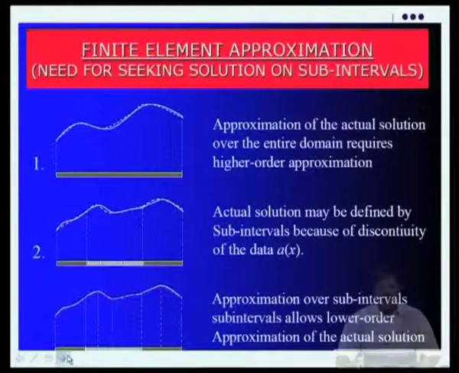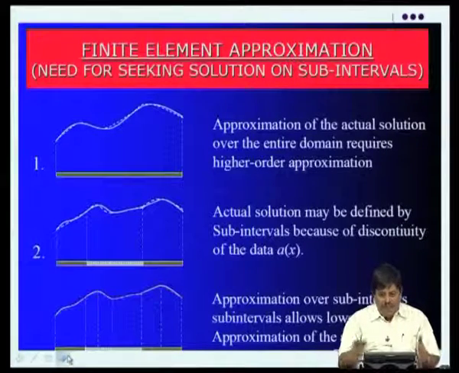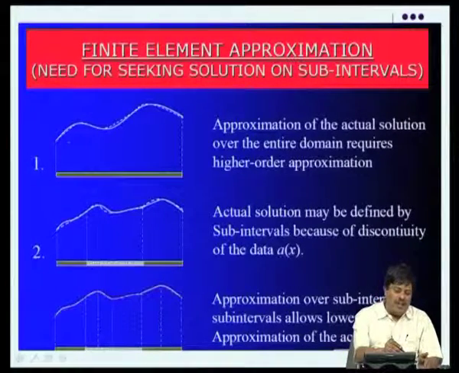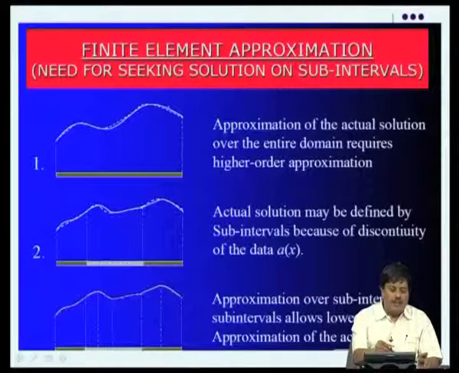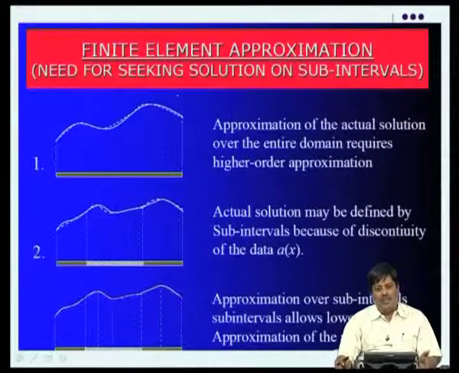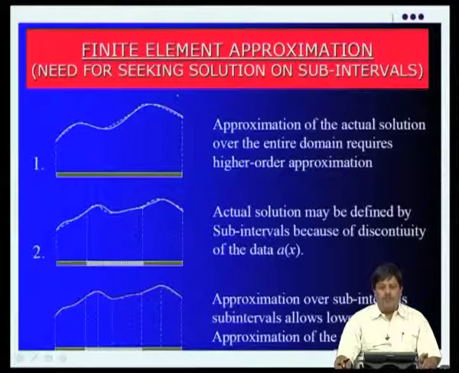So, here we are looking at obtaining an approximate solution. If we want to take the whole domain as such, which is very long, the approximation for such a solution requires a very high order approximation. Suppose this varies highly, like a spline, we need a higher order approximation of the variable. Maybe we need a 5th order or 7th order polynomial to get the variation over the entire domain.